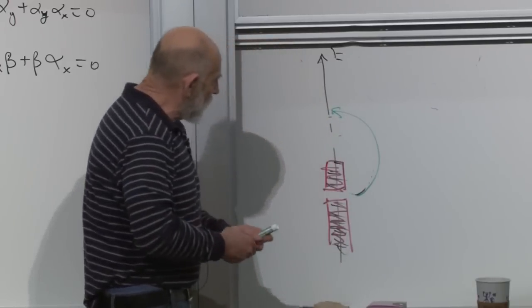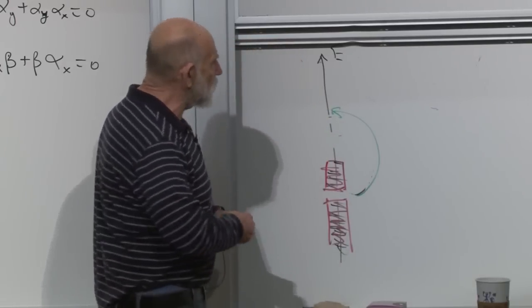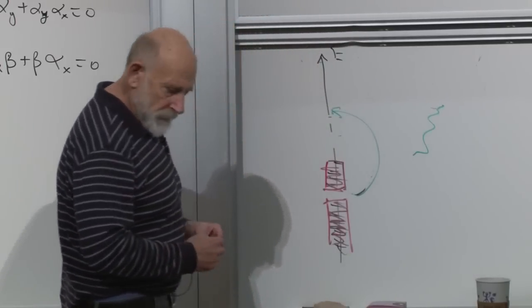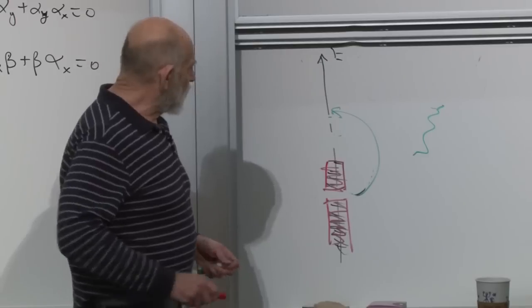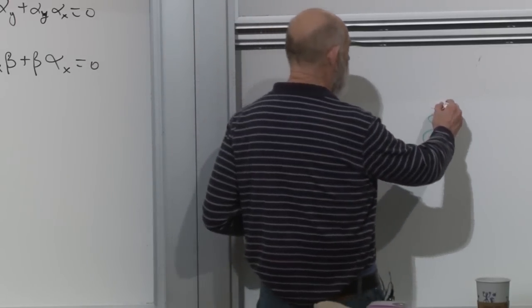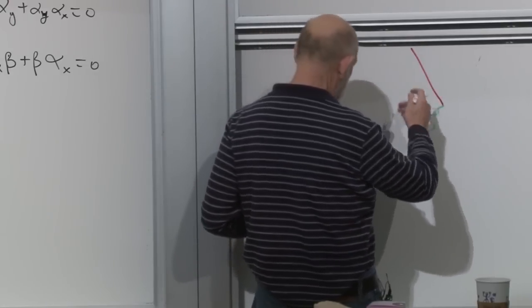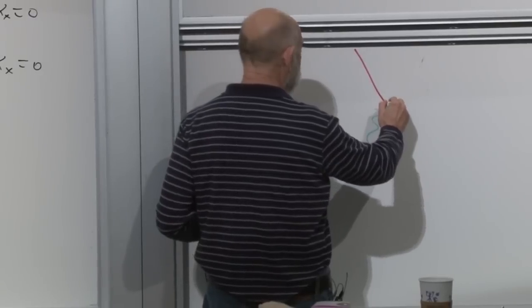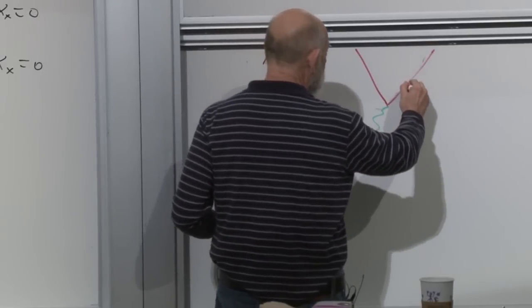Okay, so what's happened? A photon has come along and turned itself into a positron and an electron.